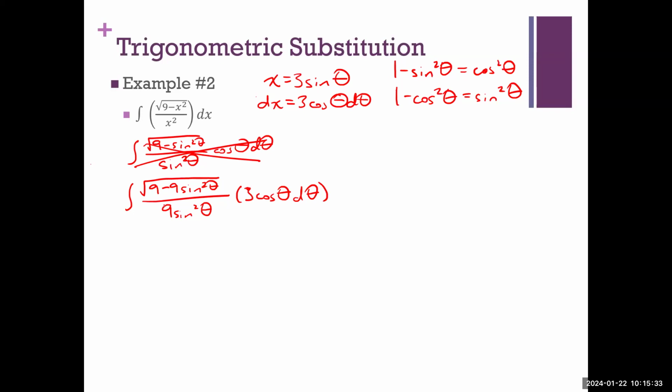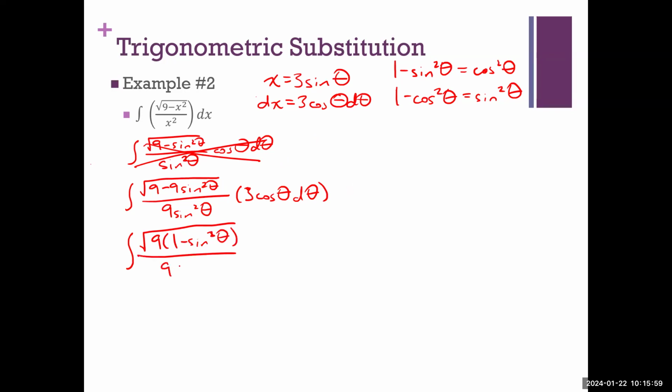Okay, so now this kind of nasty looking integral we have, can anything in here be simplified to help us move forward? Okay, if I factor out the 9, let's see what happens. Under the radical, I have 9 times this quantity, 1 minus sine squared theta.